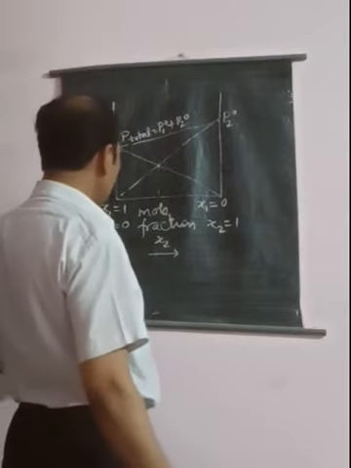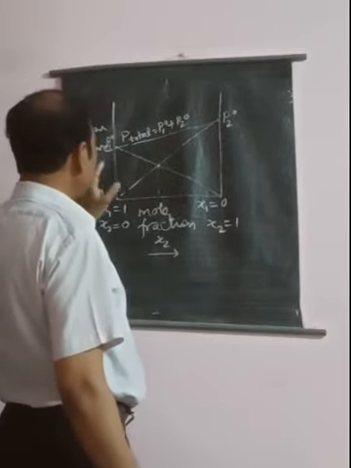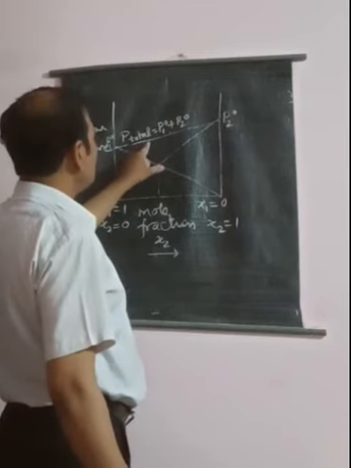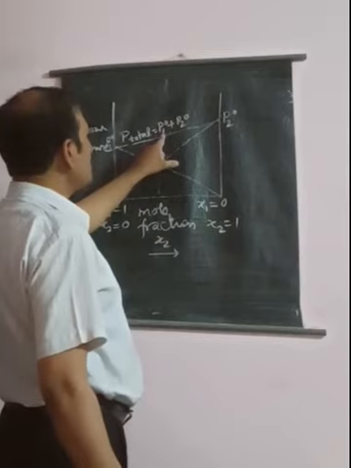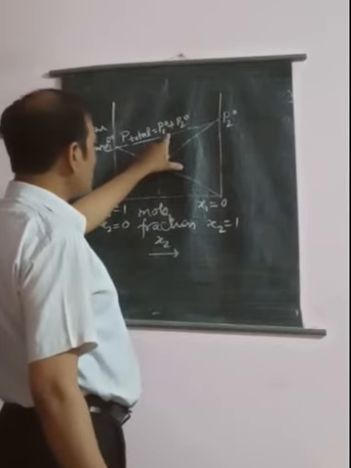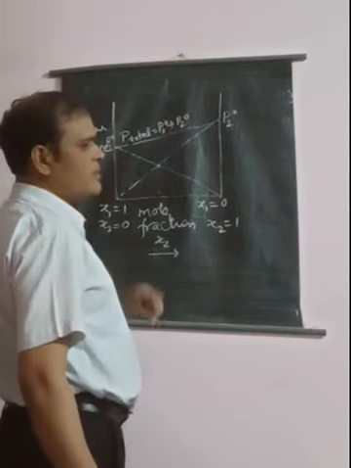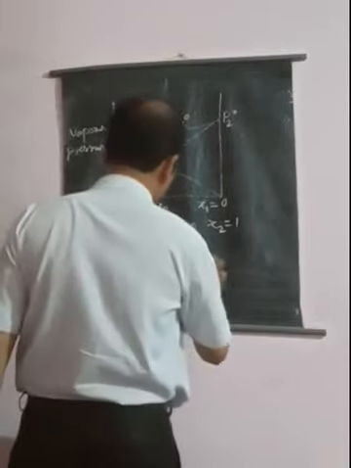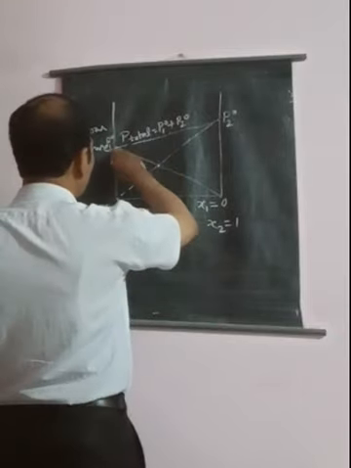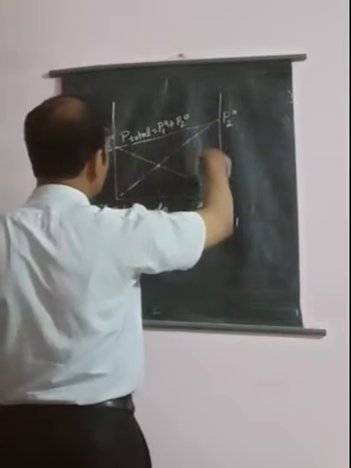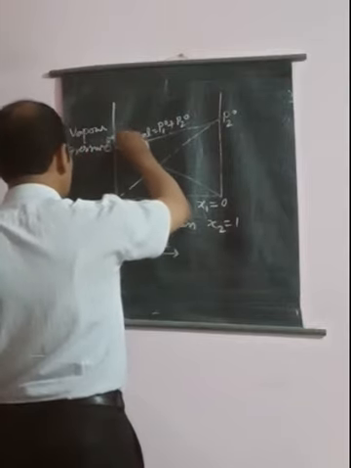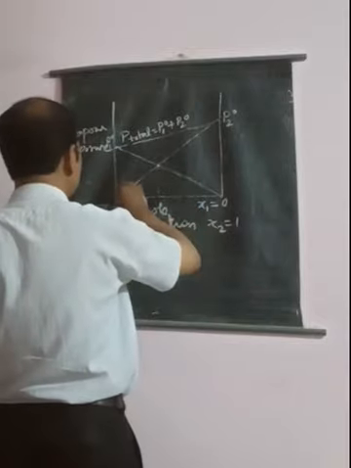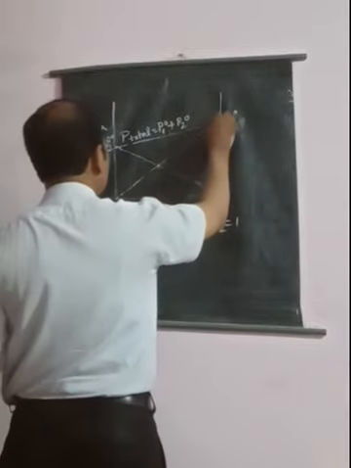By this graph one can say that the total vapor pressure of the solution will be equal to the sum of the vapor pressure of pure component 1 and the vapor pressure of pure component 2. Here a line shows the vapor pressure, this is the graph for component 1, and this is the graph for component 2.